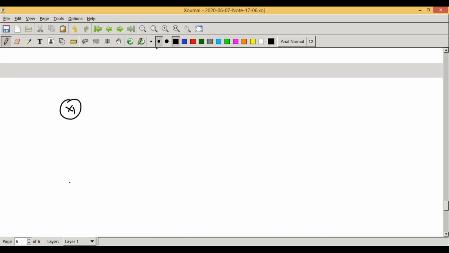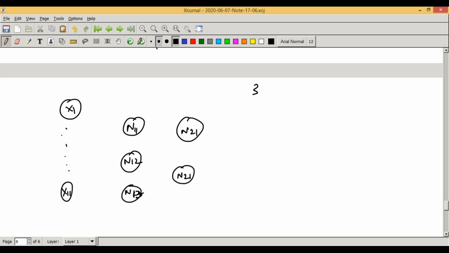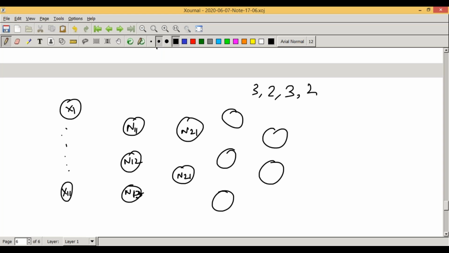Let's say x1 to x11, all those x's. Then there will be two layers. The first layer will have three nodes, and the second layer will have two nodes. 3 comma 2 comma 3 means the third layer has another 3 nodes. Comma 2 means the fourth layer has another 2 nodes. Understood? Okay.